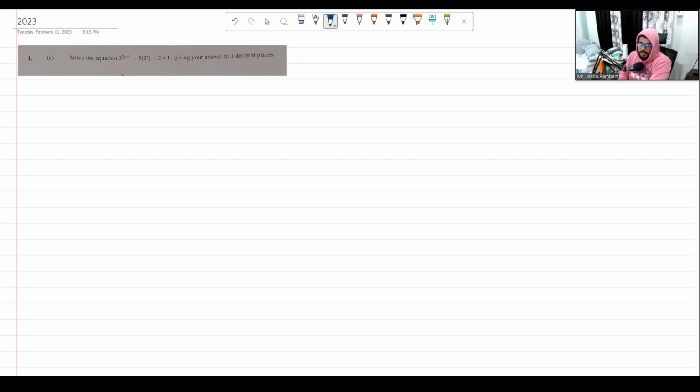So first thing I'm going to do, I know this is going to be my substitution because I cannot change how this whole thing here looks. And this is the exponential part. So I'll change how this looks. I'm going to consider 3 to the power of 2x plus 1.